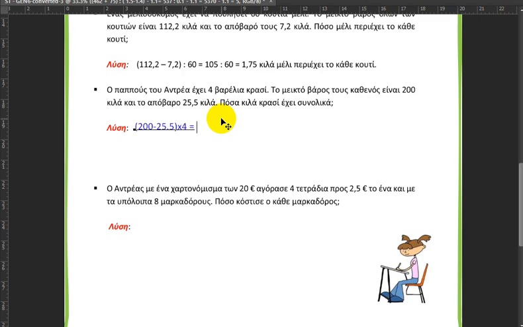So here we're going to have 174.5 times 4, right? And this is going to be equal to 698.